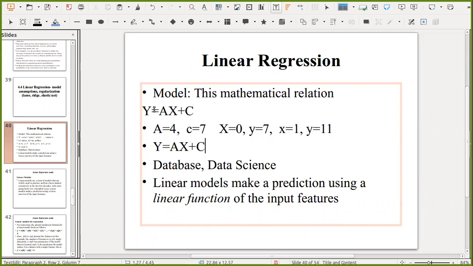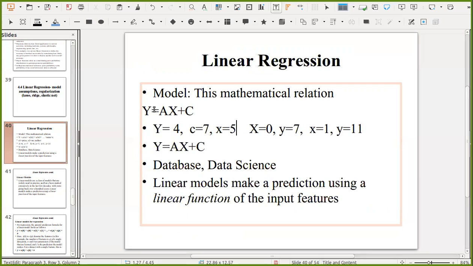So initially I will be given a value set, in the case of supervised learning. Consider y equal to 4 is there, and c equal to 7 is there, and x equal to, consider, I'm having 5. Okay, so this is the value.